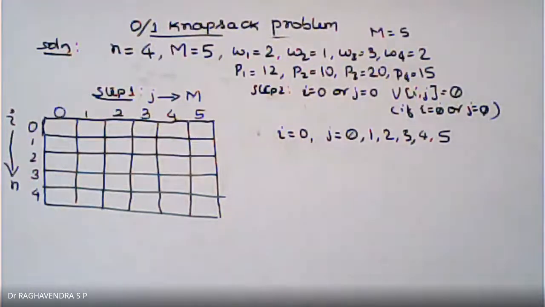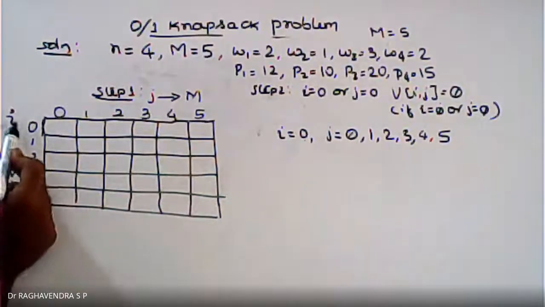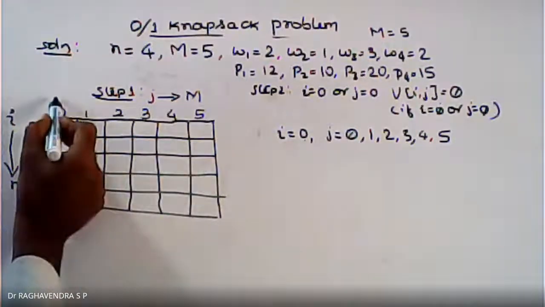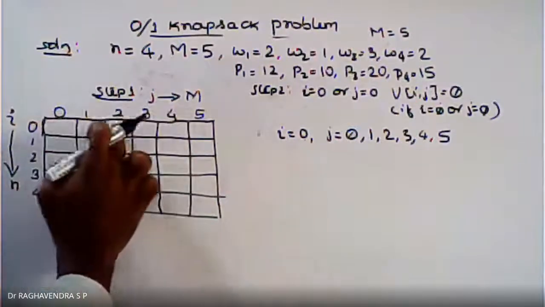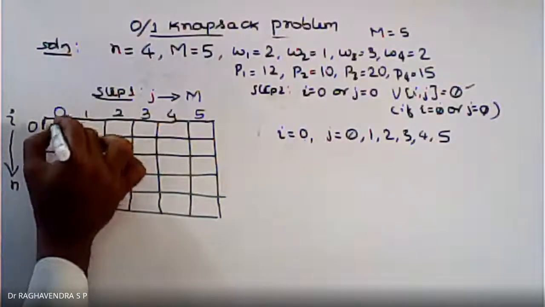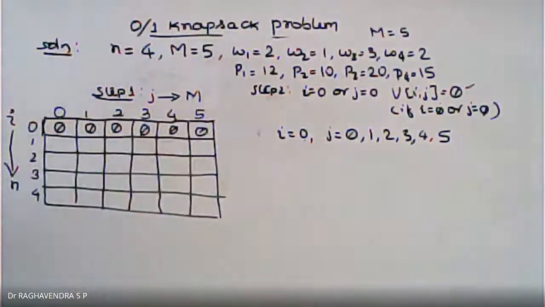What is the meaning? Listen here everyone, look at the screen. When I is equals to 0, with J is equals to 0, 1, 2, 3, 4, 5, all these values become how much? The profit is 0. So the first row becomes 0. Okay, full stop.